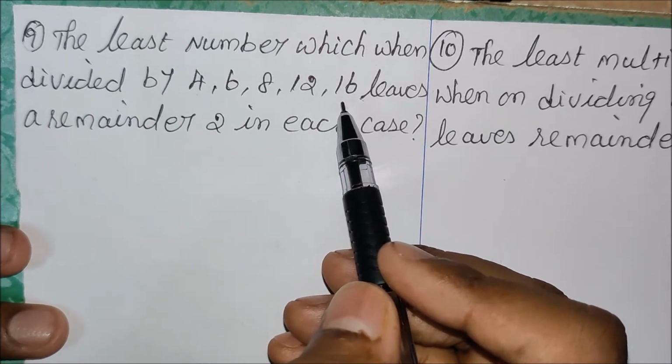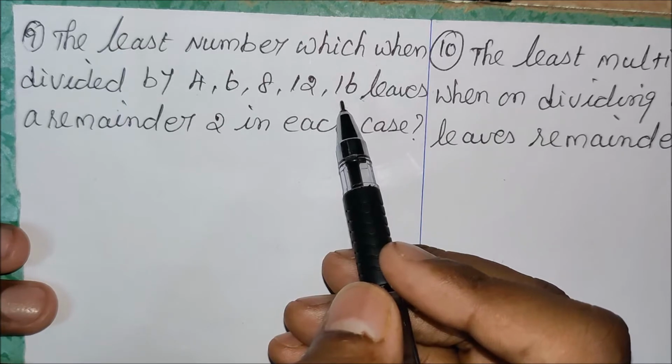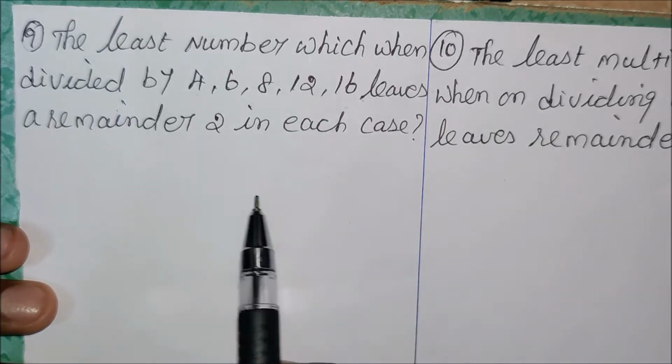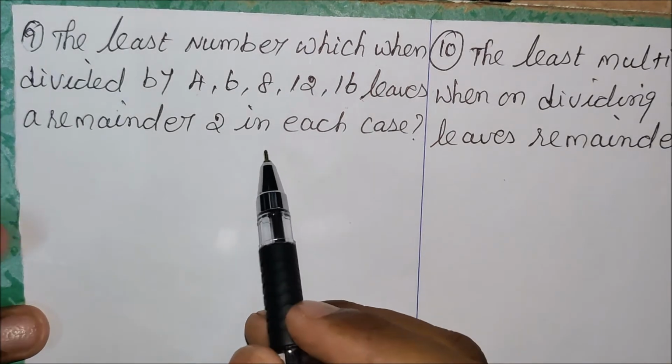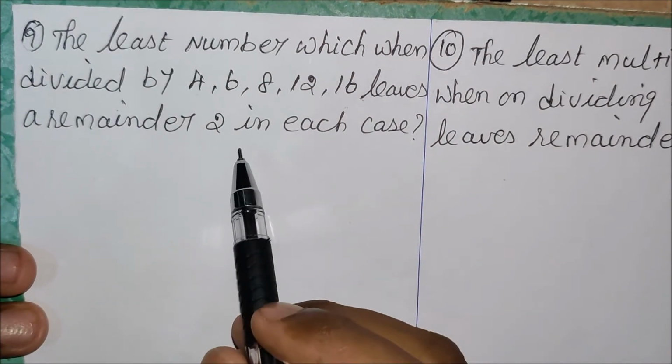If we find a smaller number, we have to calculate HCF. Or else you can just go through the options. If there is a bigger number in your options, you have to find LCM. If there is a smaller number, you have to find HCF. Now we need to find LCM.